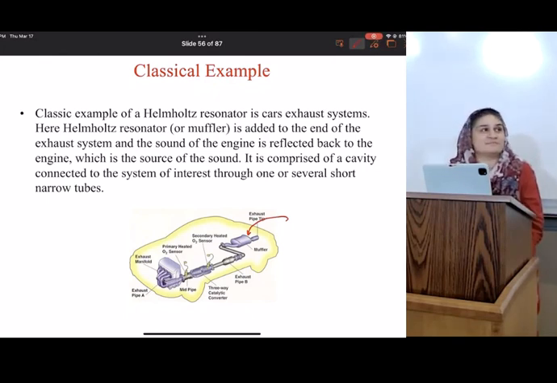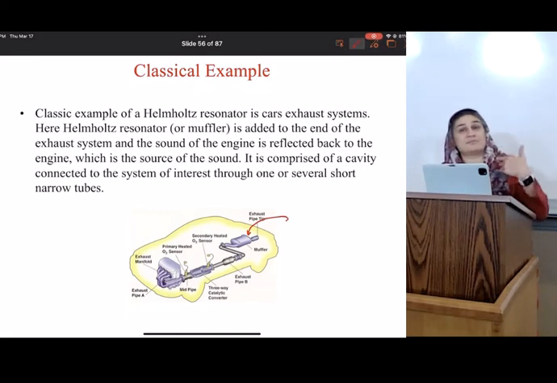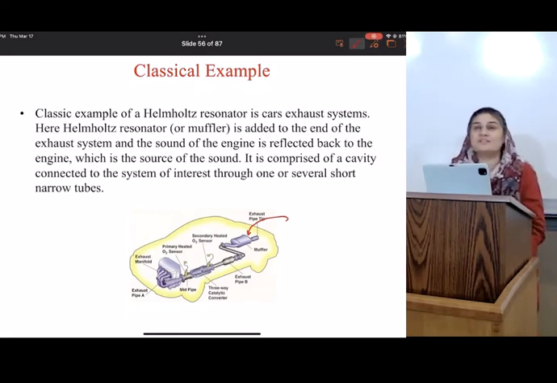That's all they've done. So the noise of the engine actually comes out. Can you imagine if none of the cars had a Helmholtz resonator in it? The noise pollution that would be with the number of cars we have. Oh, I don't even want to think about that.